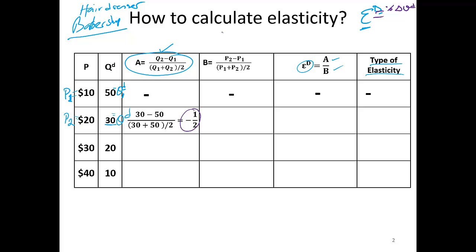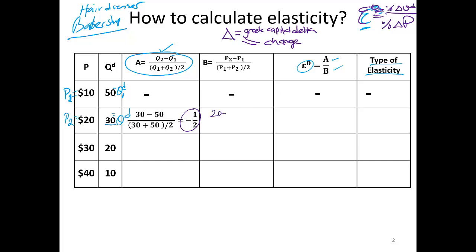By the way, I usually use this Greek letter delta, capital delta, and many mathematicians use it for a change. It corresponds to change. So price elasticity of demand is equal to percent change in quantity demanded divided by percent change in price. So let's take a look at the percent change in price here.